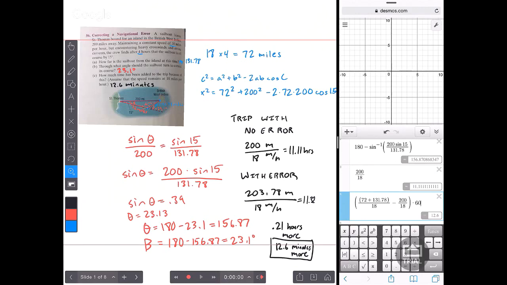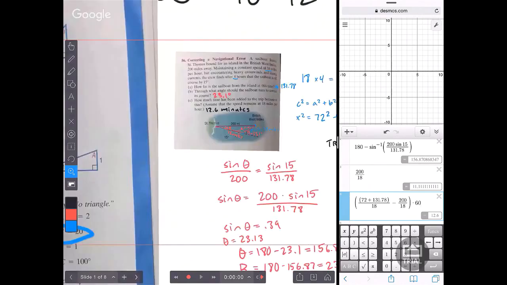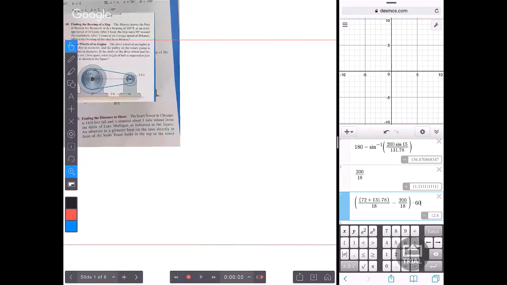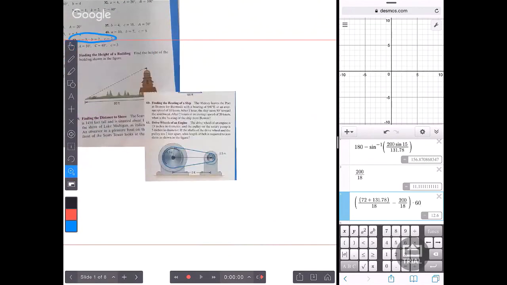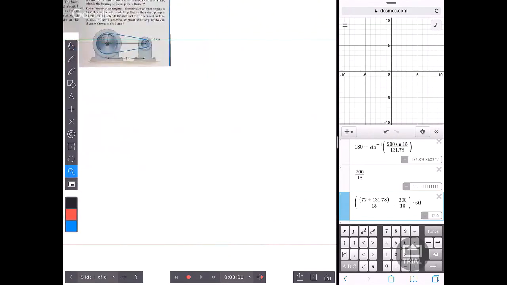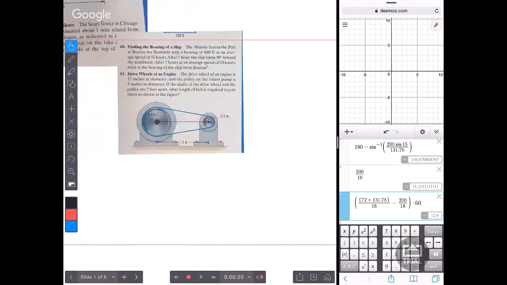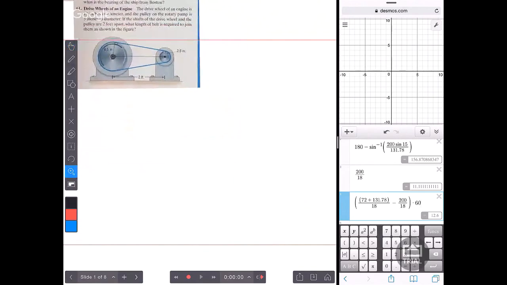Let's do that. 61. Drive wheels on an engine. Yep, let's do all the problems and then the compare and contrast. Brilliant, sounds good. It's a plan.